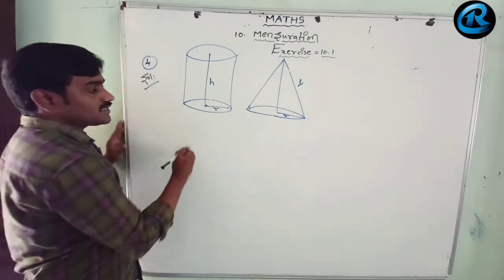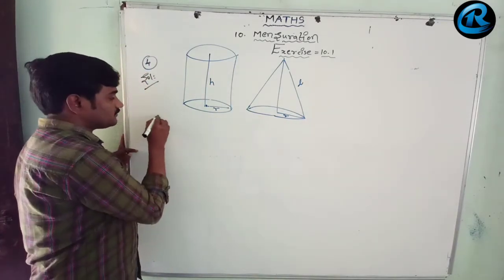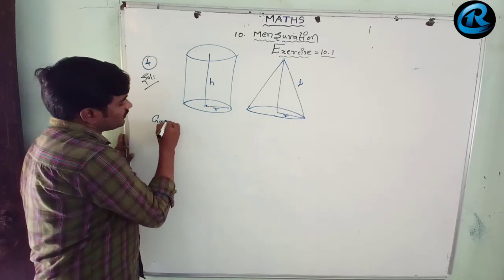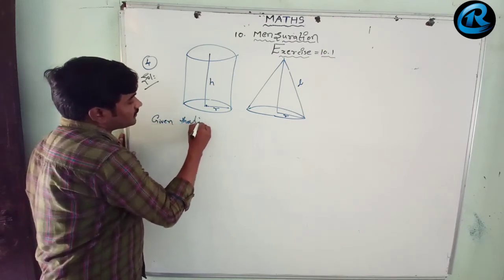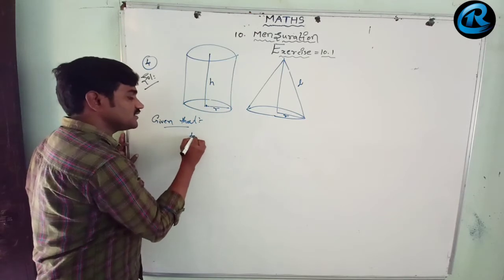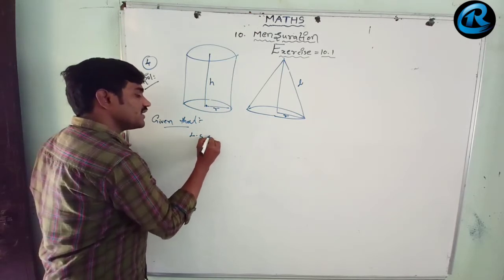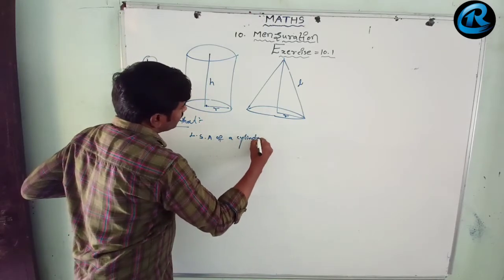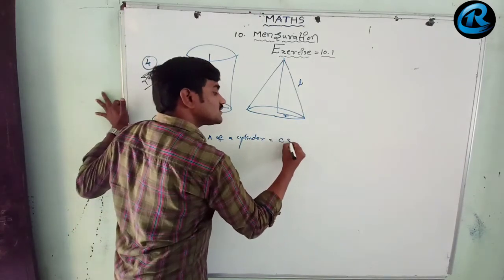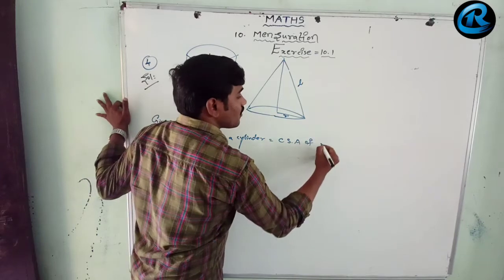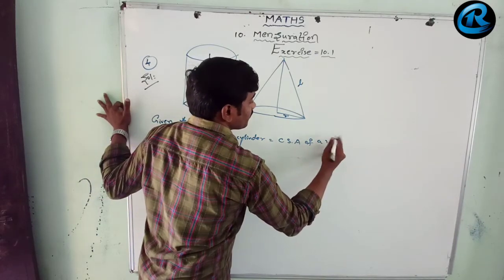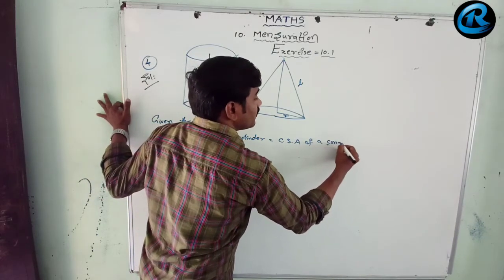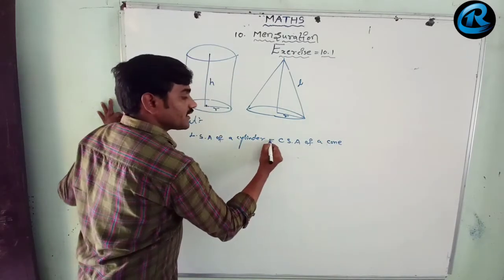Okay children, what is said first? He has given that the lateral surface area of a cylinder is equal to the curved surface area of a cone. These both are equal, so that's why I kept equal.